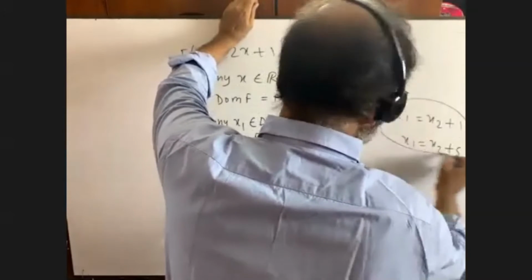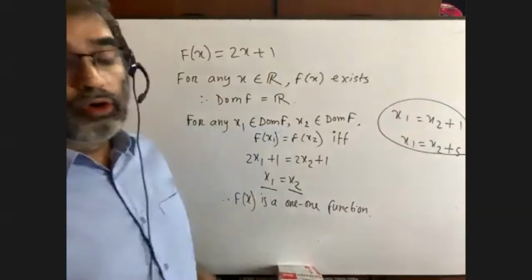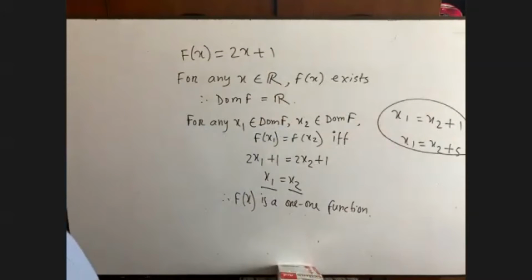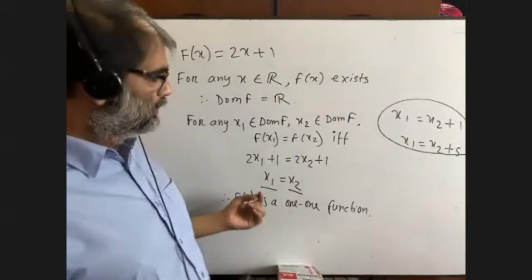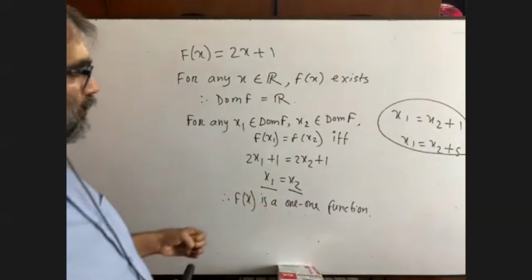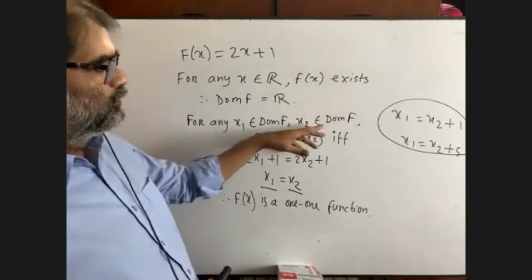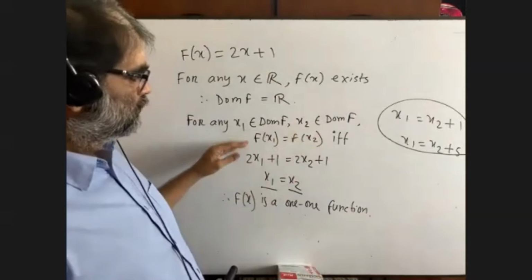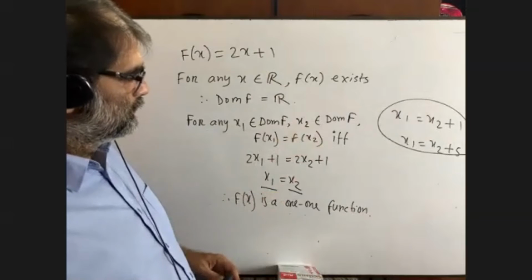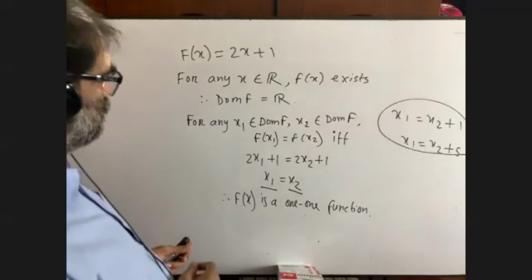We have not got like this. If we would get like this, then it would not be a one function. Please try to understand. We have got only one value of x1. Suppose x1 and x2 are not equal, but we have got that they are equal. So this is the way how we can do any math.